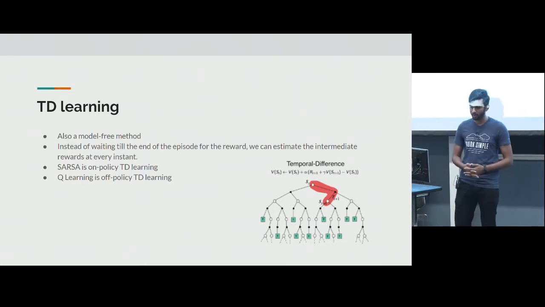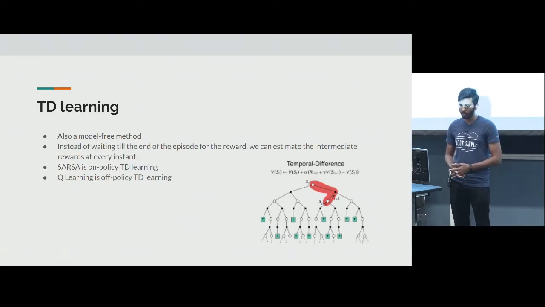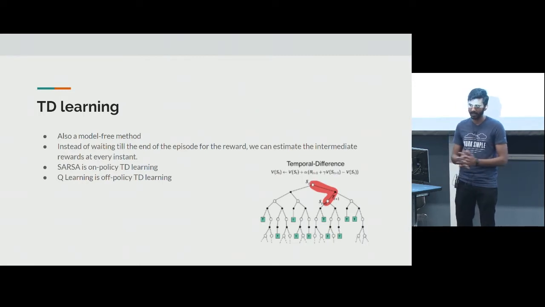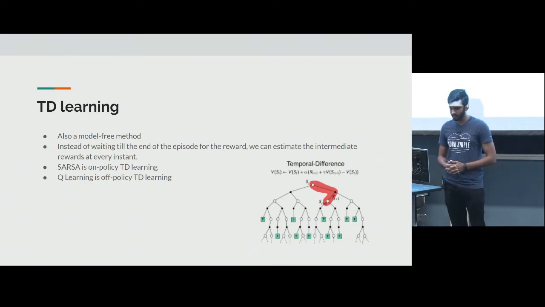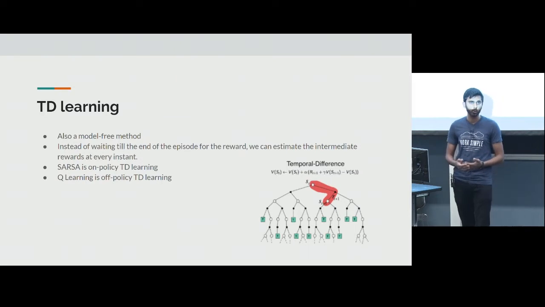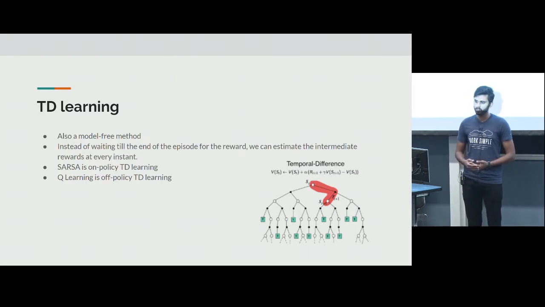This is again a model-free method, and it combines aspects of Monte Carlo methods and dynamic programming. Again, there are two ways you could go about it. You could learn on policy.